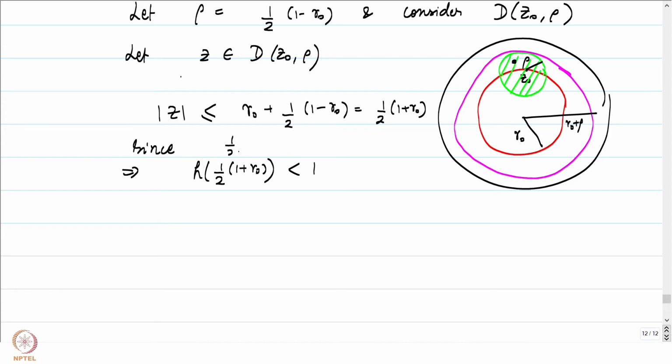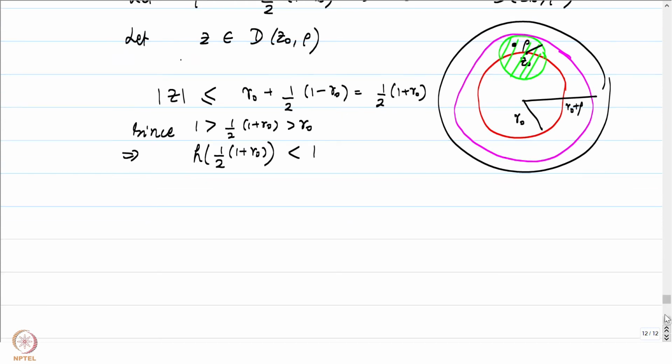This is because 1 is greater than half of 1 plus r naught, which is greater than r naught. So this is precisely the reason why we have written whatever we have written. And this is basically telling us that 1 is greater than 1 minus half of 1 plus r naught times m of half of 1 plus r naught.